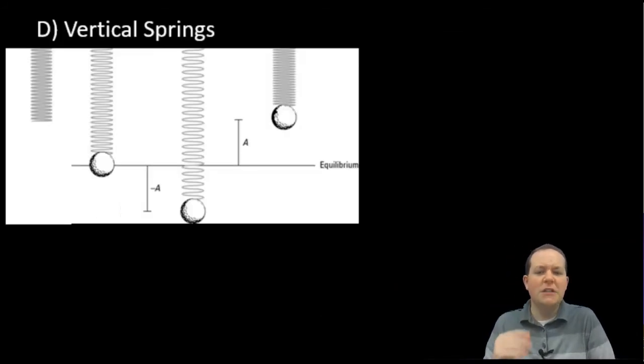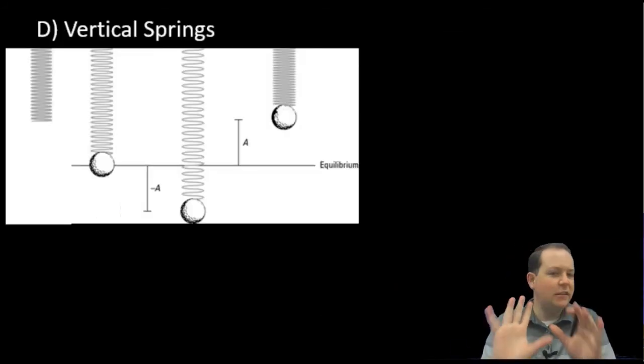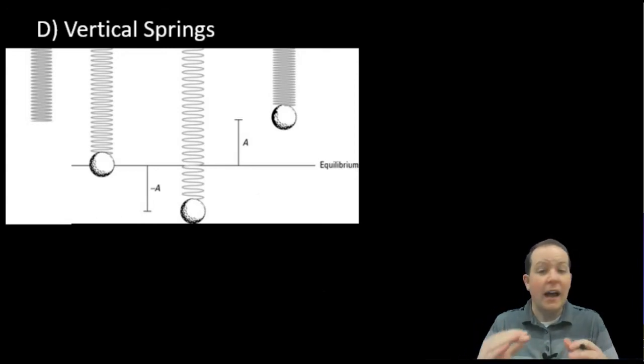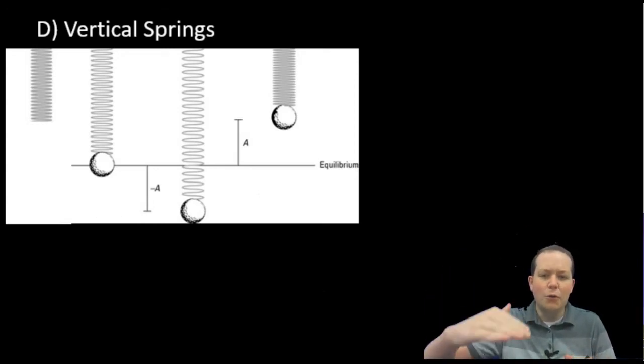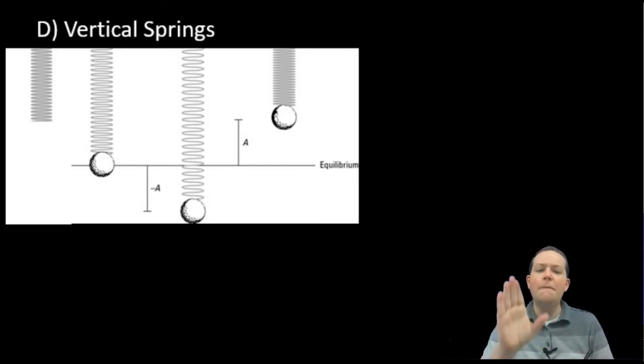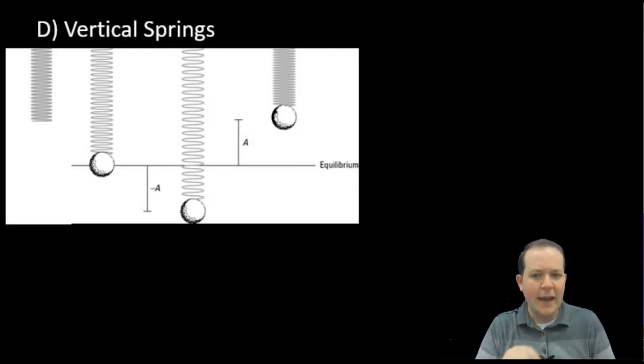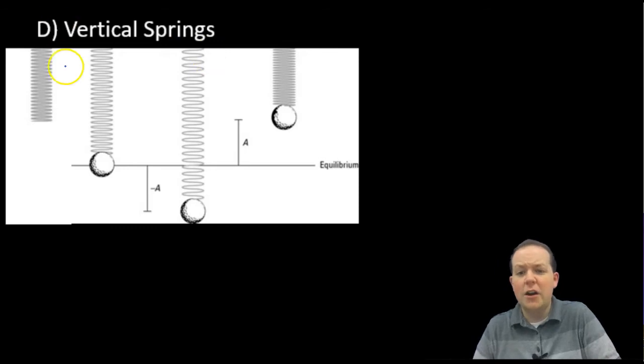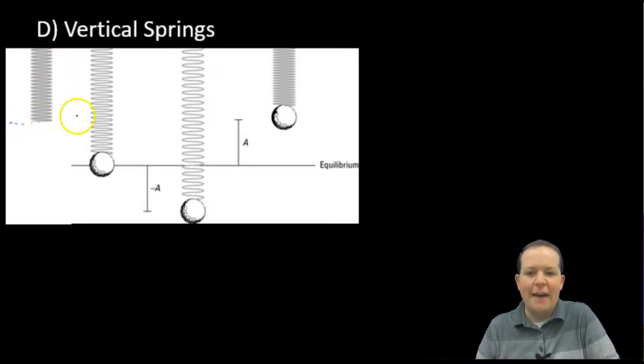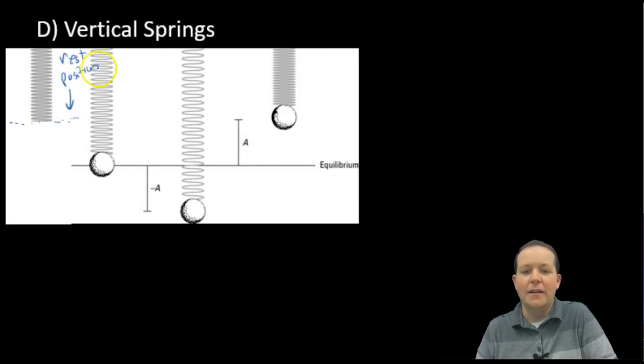The only other thing I want to spend time on is, imagine I still have a spring, still have a mass. I'm still dealing with oscillating motion, up and down, but now for vertical springs, okay? Now remember, let's make sure we're clear. When I have a spring all by itself, when there's nothing attached, we have this just general length. This is known as the rest position of the spring, all right?